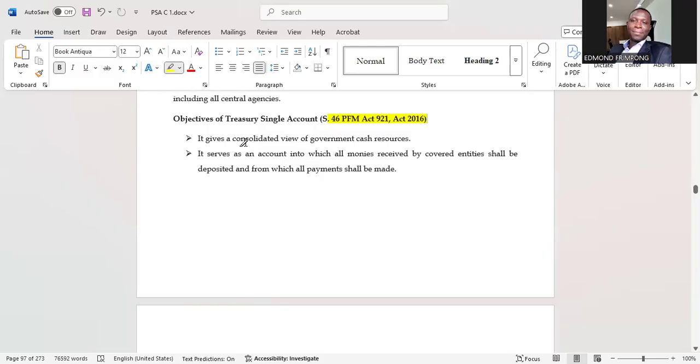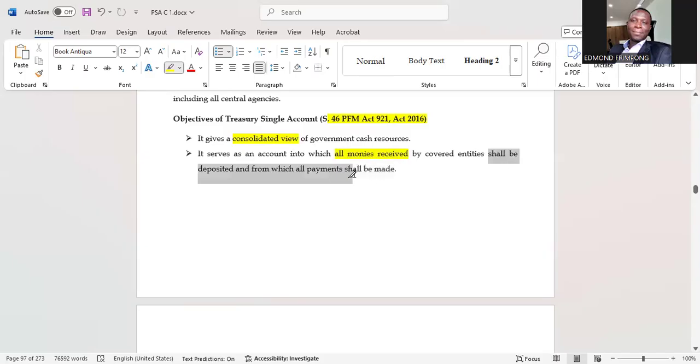We want to have a consolidated view of what? All cash resources of the government. Then this treasury single account will serve as an account in which all monies received shall be what?